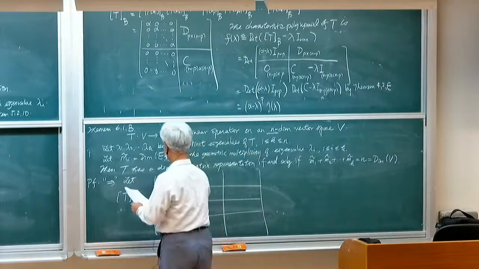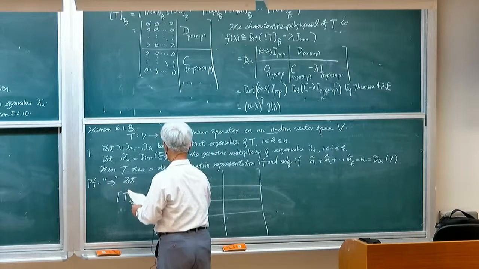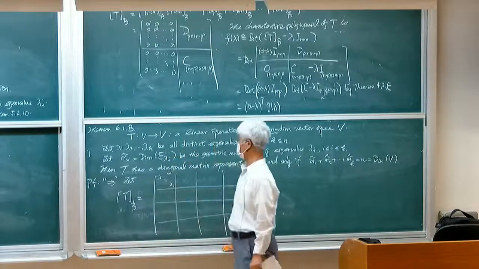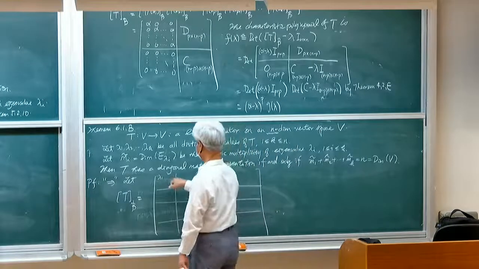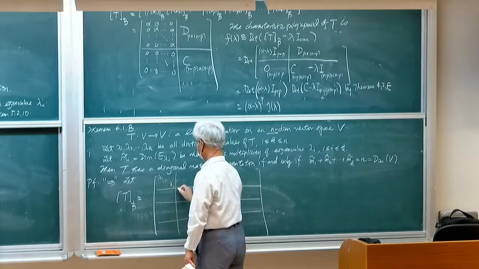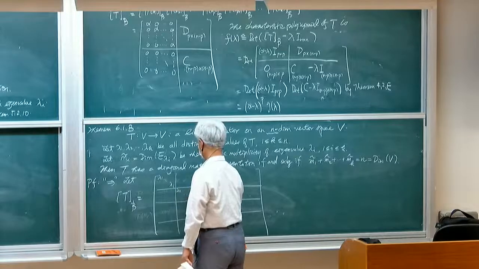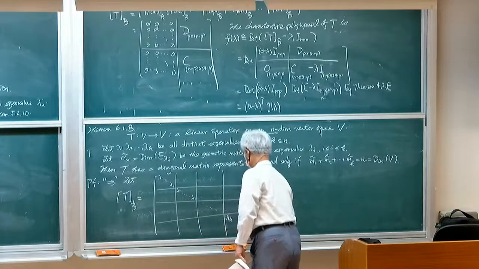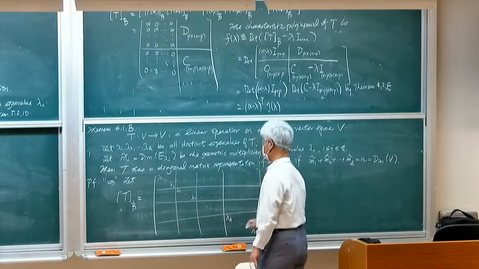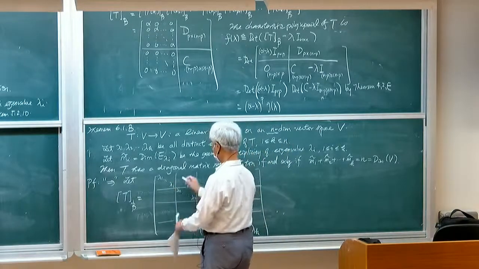Okay, so we put the eigenvalues on the diagonal, lambda 1, lambda 2, up to lambda k, and they are all zeros elsewhere.